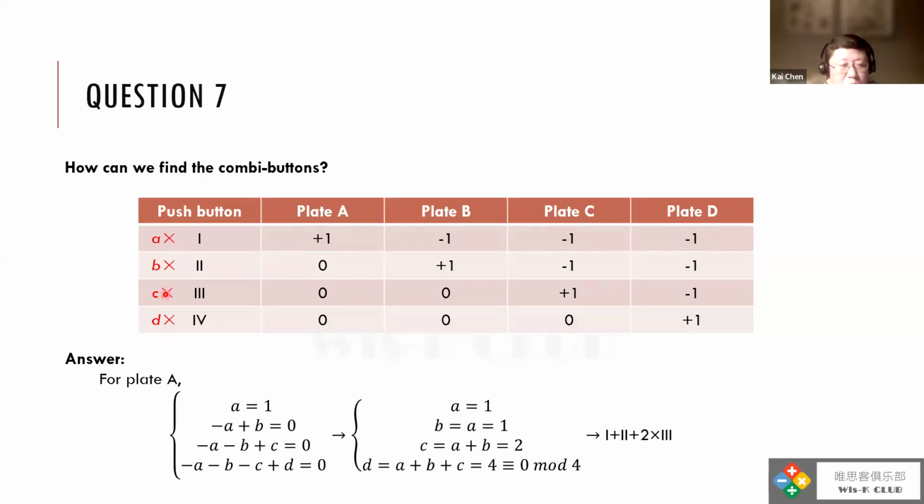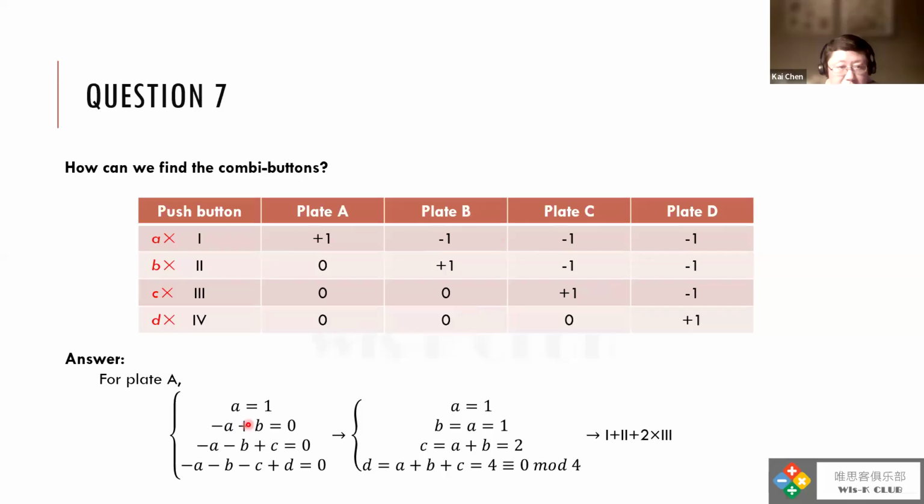Just assume that we can manage it by pressing bottom 1 A times, bottom 2 B times, bottom 3 C times, and bottom 4 D times. Okay, so we just add them up like we did before. So for place A, it's +1 A times. So A should be 1. The 1 stands for level up, right?